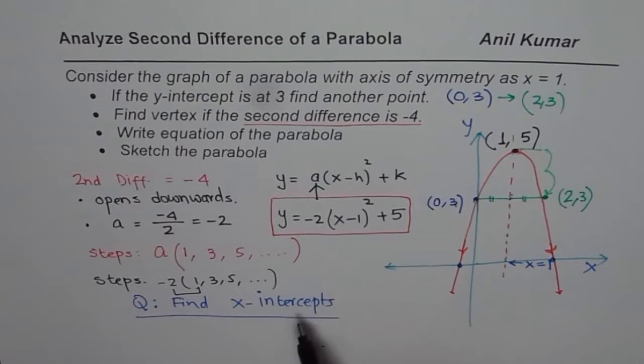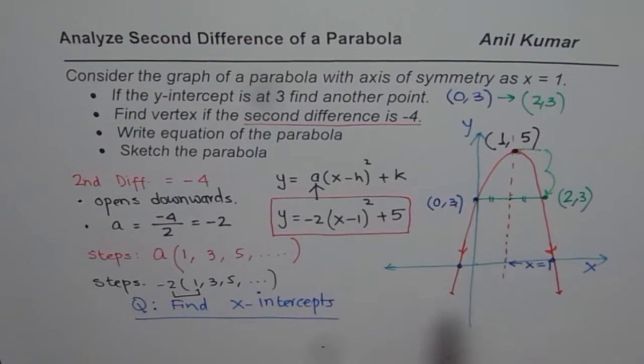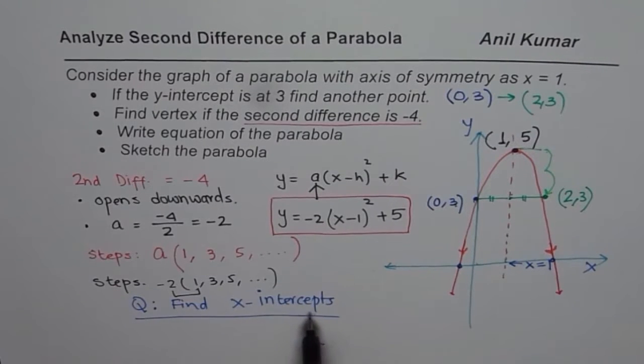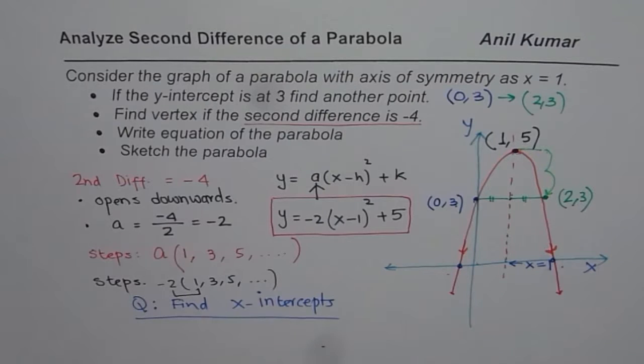You can look for my videos on how to find x-intercepts in this situation. Once you find the x-intercepts, write them in and you get your complete graph. That is how you can sketch a very good graph from the given information.